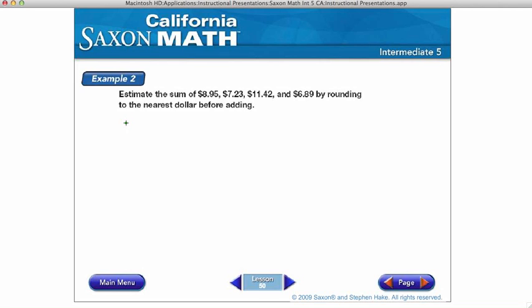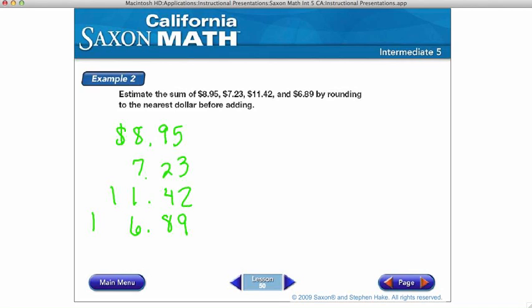So first I'm going to write my original problem. $8.95, $7.23, $11.42, and $6.89. Okay? Notice that all of my decimals are lined up in a row. My pennies or my hundredths place, my dimes or my tenths place. Okay, they're all lined up.